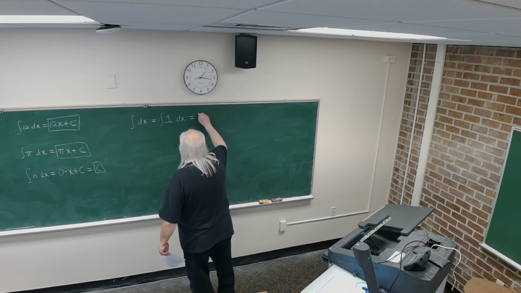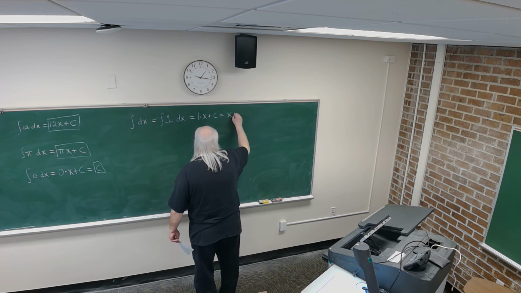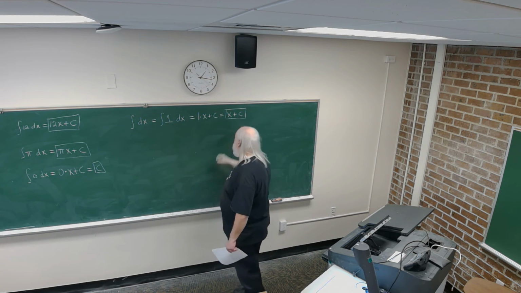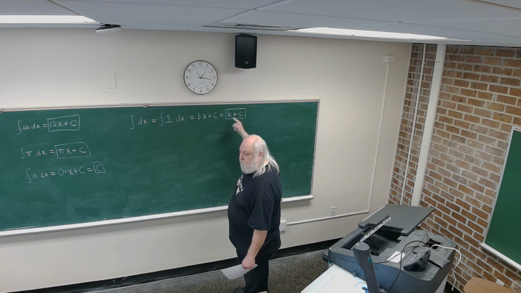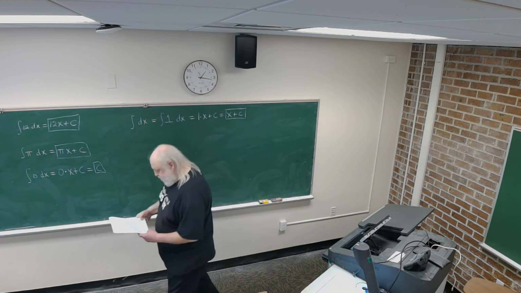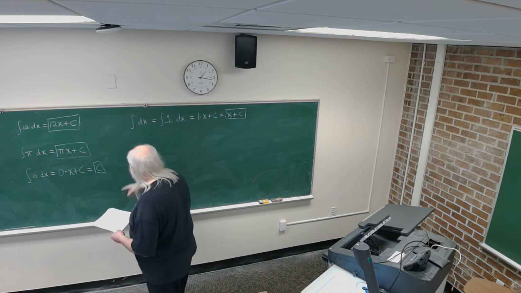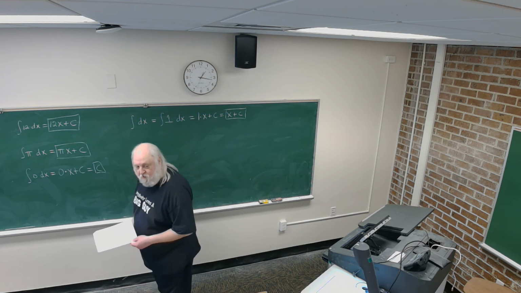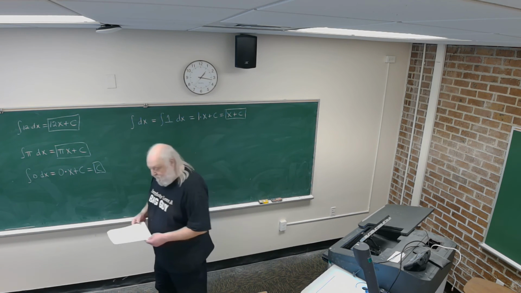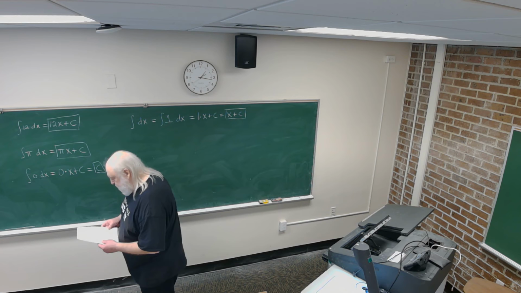And so that antiderivative is 1 times x plus c, which is x plus c. And the derivative of x is 1. The derivative of c is 0. Those are the kinds of questions, like the antiderivative of 0 and the antiderivative of dx, that would show up on the test just to see if you're paying attention.